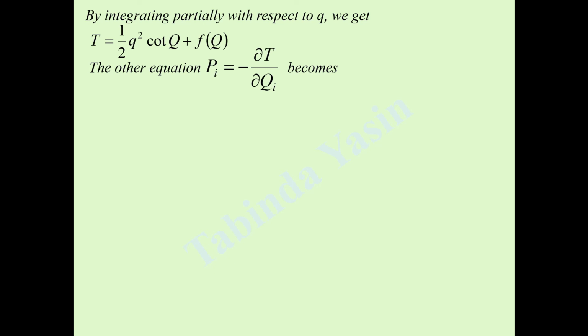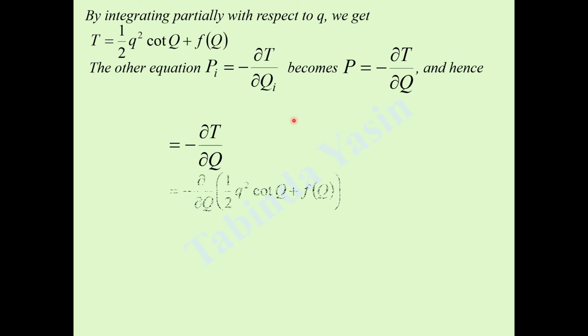The other equation, capital Pi is equal to minus partial T over partial capital Qi, becomes capital P is equal to minus partial T over partial capital Q. Substituting the value of T, 1 by 2 q square cot Q plus f of Q, we have 1 by 2 q square cosecant square Q plus d by dQ of f of Q. We have applied partial derivatives here and here.